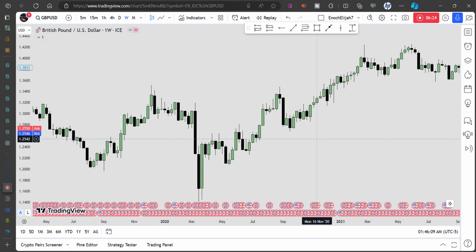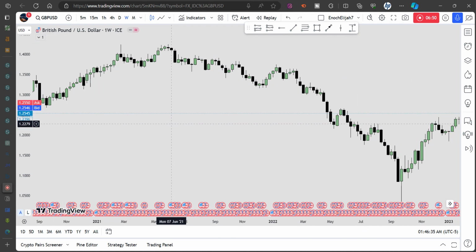What is the market trend? Is price bullish or bearish? Is price going higher or lower? That is the job. And if it is going higher, where is it going higher to? If it is going lower, where is price going lower to? And why is it going lower?